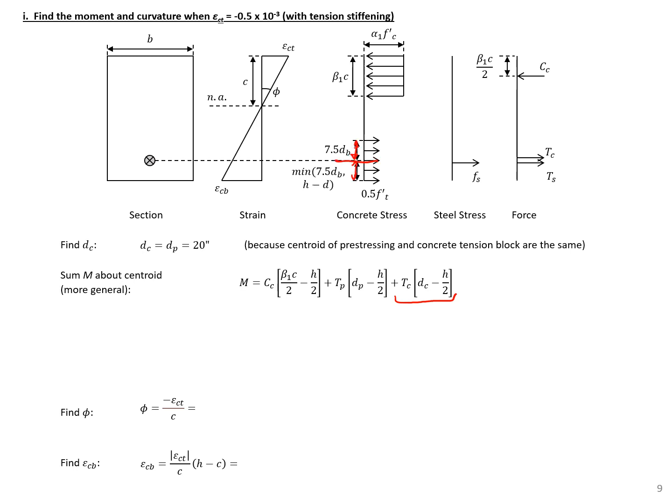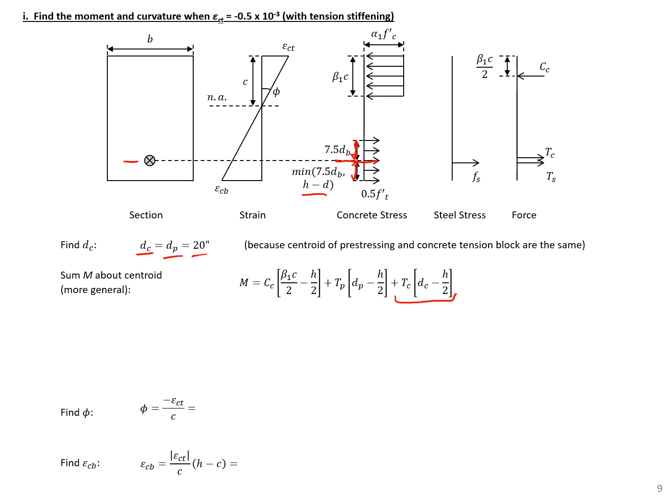So the centroid of our tension stiffening component is going to be equal to the centroid of our strands. If h minus d controlled on the bottom side, then we would need to calculate the actual centroid of the tension stiffening block. But in this case, the tension stiffening block will have the same centroid as our strands, so 20 inches from the top.